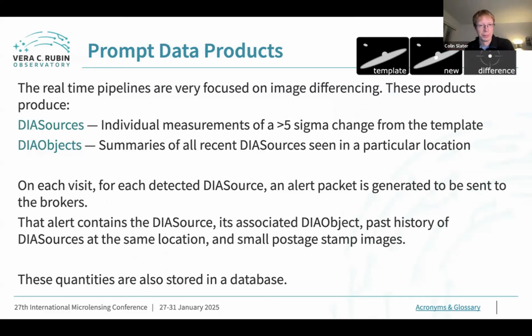So talking more about those prompt products, all the real-time processing is really focused on getting image differencing to the users as soon as possible. So the set of science use cases we think this meets are things where you need to either do follow-up observations or you need some sort of timely response to something that's happened.